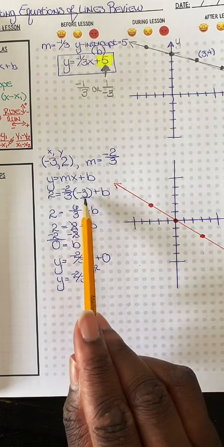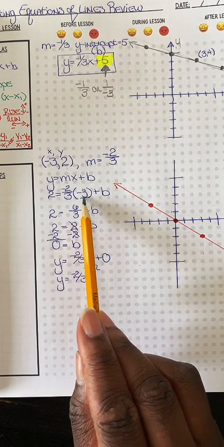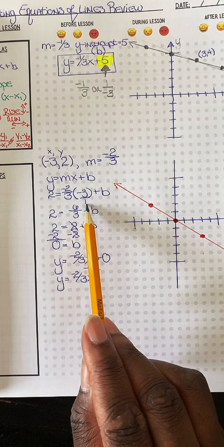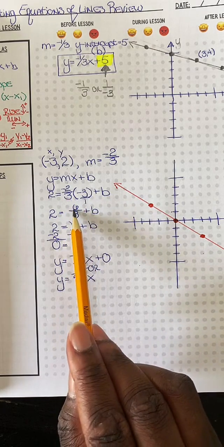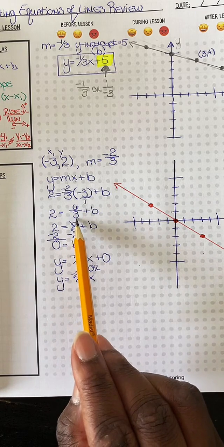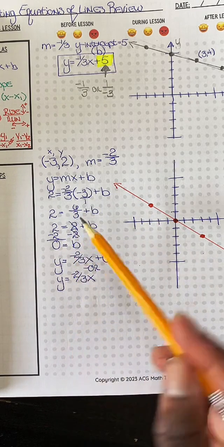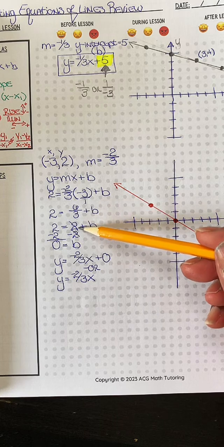We could turn that whole number into a fraction by putting it over 1. If you feel comfortable that way, you can multiply the 2 and the 3 and get the 6, then multiply the 3 and the 1 to get the 3. So now we have 6 divided by 3, which gives me a positive 2.